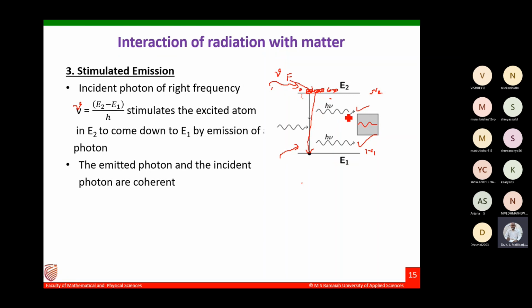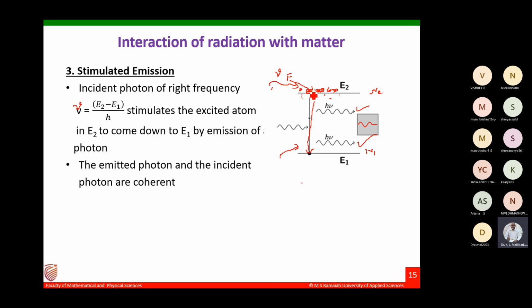In this case, if you come back to this particular example, your atom is in the higher energy level. When does spontaneous emission happen at a later stage? Now assume that atoms are already in the higher energy level and your incoming photon hits this atom.